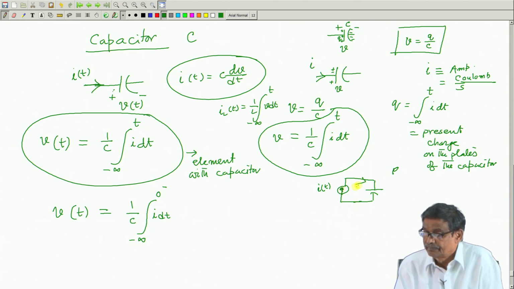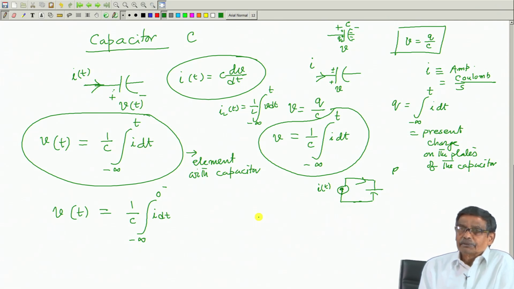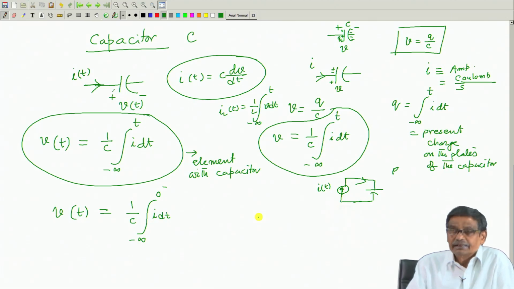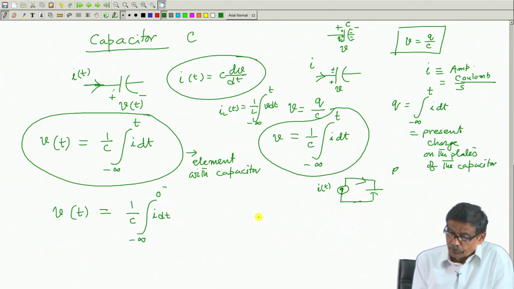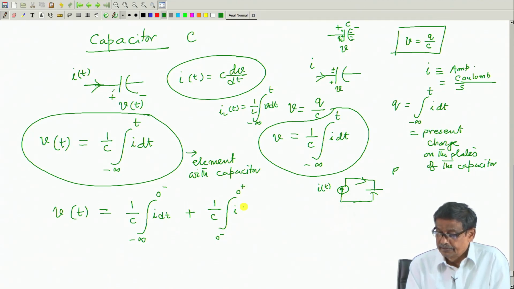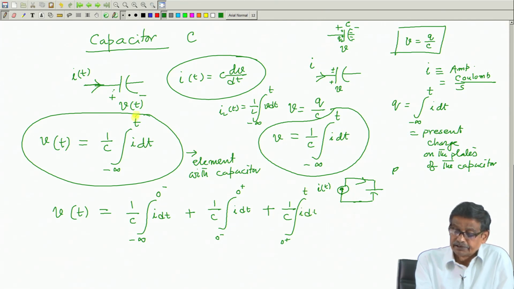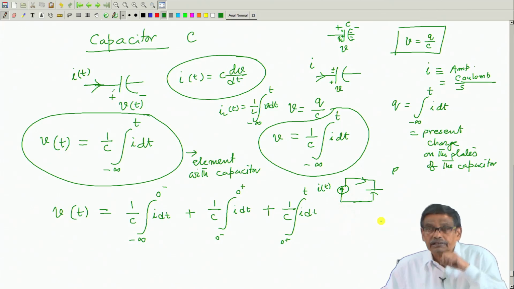Got the point? I am pumping current, charges are being stored, hence voltage develops across the capacitor. That way, if you think, it will be better. So, minus infinity to 0 minus. Then the next term I will write 1 by C, 0 minus to 0 plus, I dt, and then I will write 1 over C, 0 plus to t. I can always write like this, the whole integral from minus infinity to t can be broken up in this way.